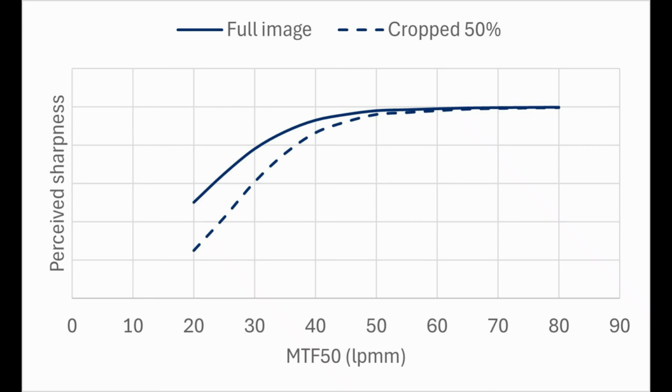There is a clear correlation between MTF50, or the resolving power of a lens, and its perceived sharpness. However, dimensionality, let's call it that, is not quite a physical or an engineering concept.